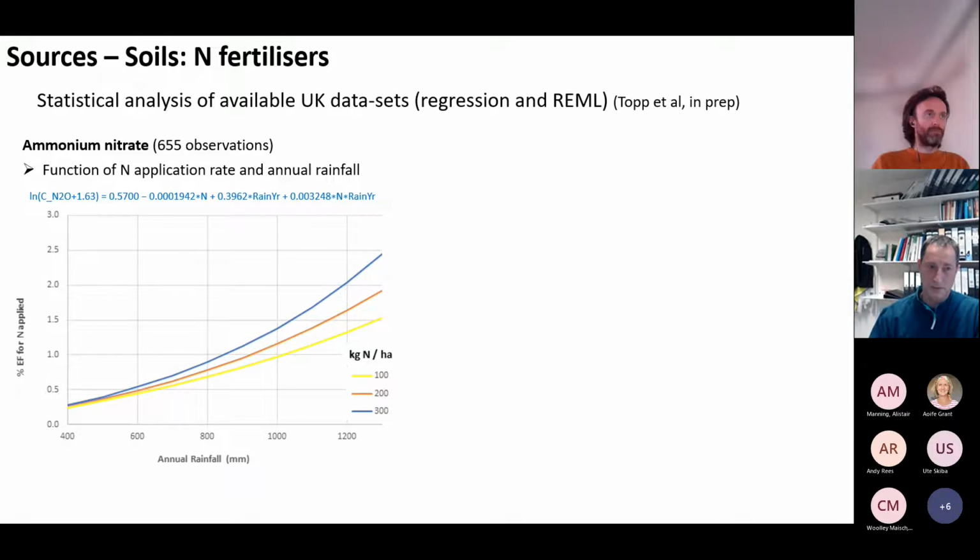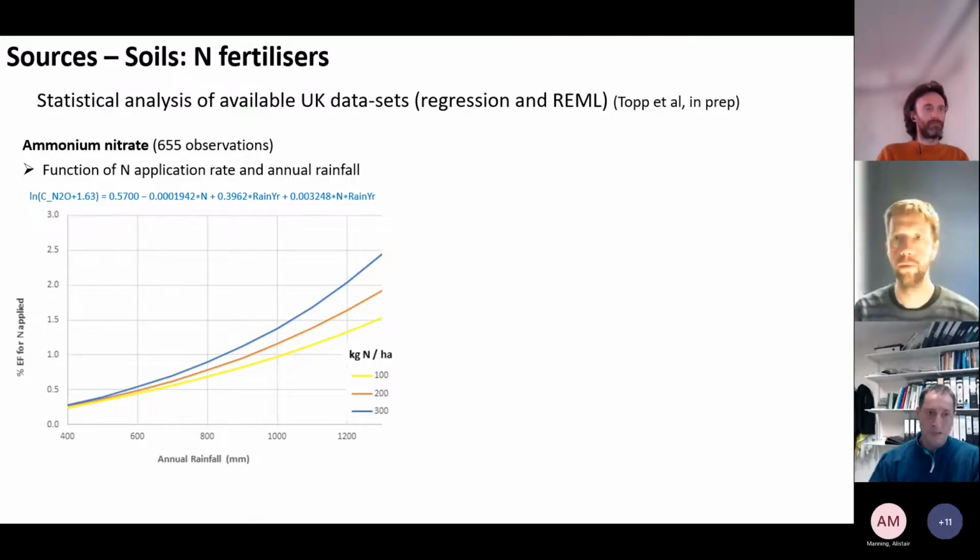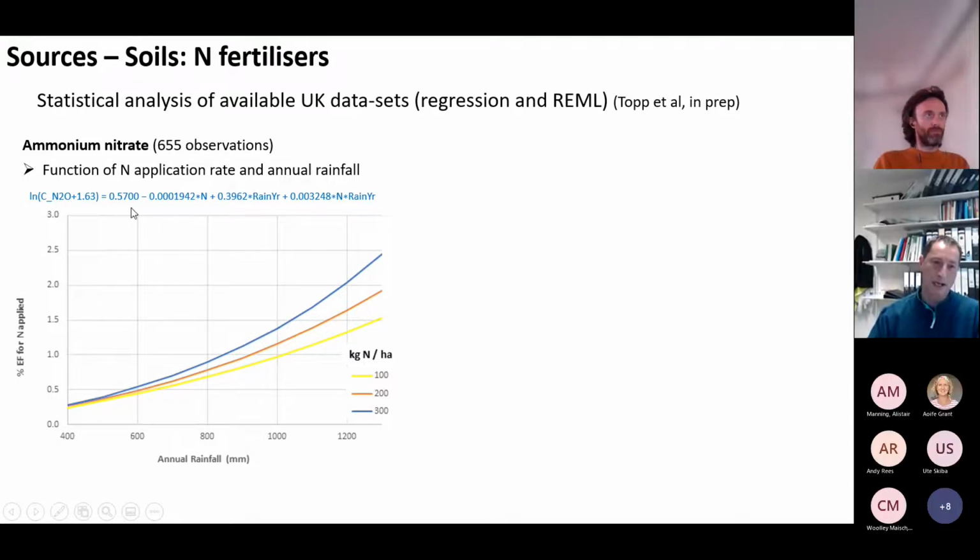And for ammonium nitrate, we found it was a function of the application rate and the cumulative annual rainfall for a given site. And so a logarithmic function was derived relating that cumulative nitrous oxide emission for the given site and the given treatment to the nitrogen application rate and the cumulative rainfall for that site.